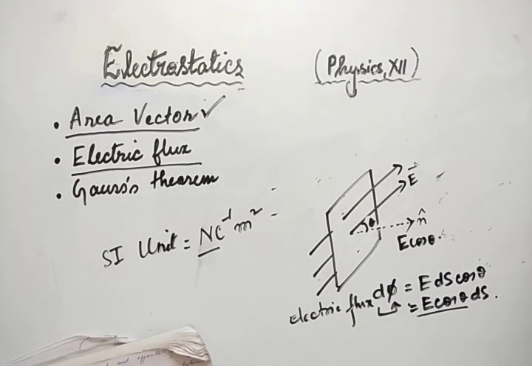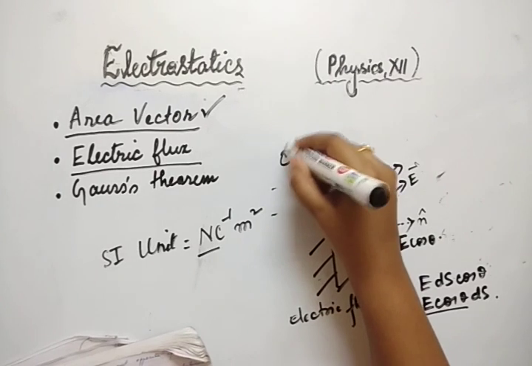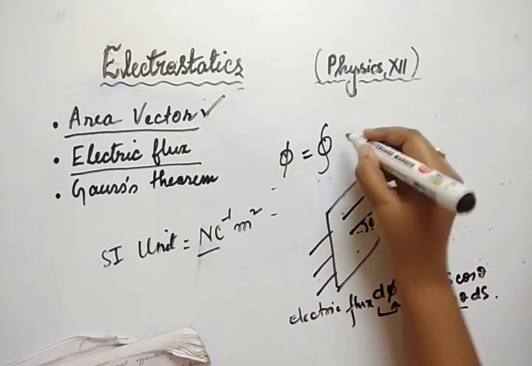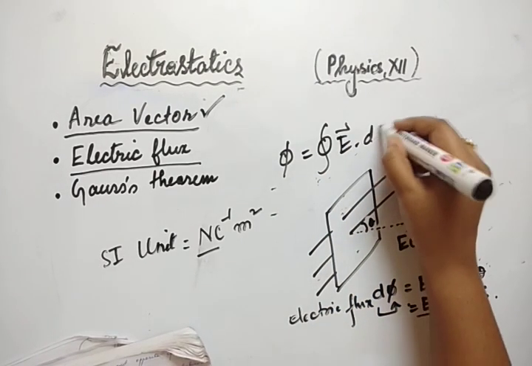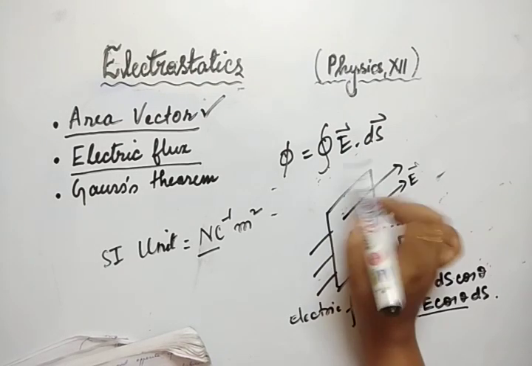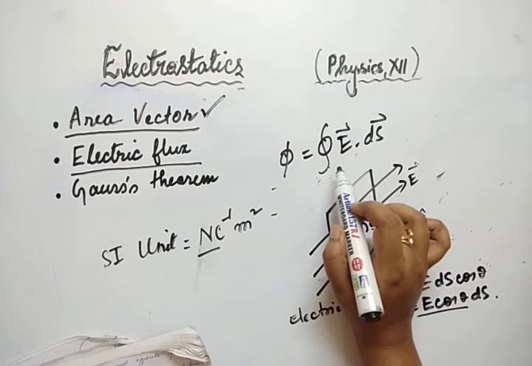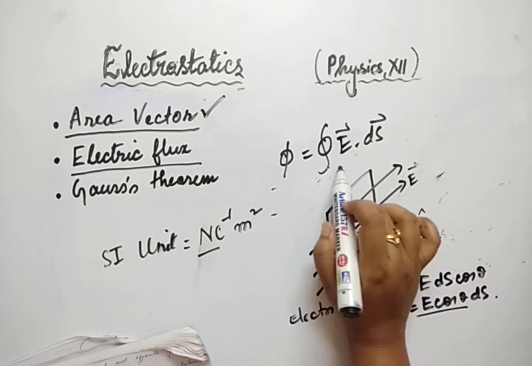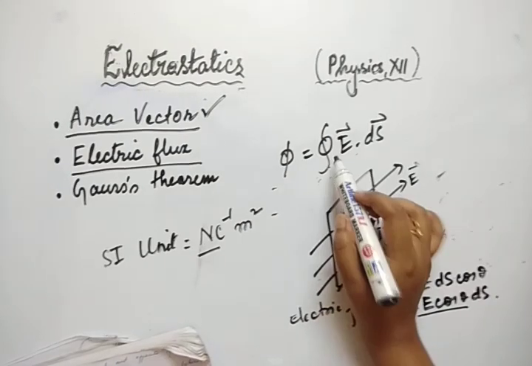Another thing: whenever you write the total flux, you put a closed integral. That means you take the integration over a closed surface, that is, the total number of electric field lines passing through a closed surface.